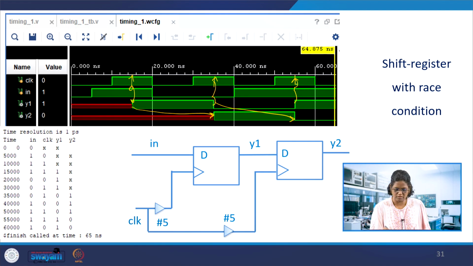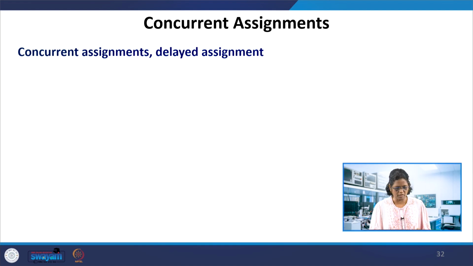If there is a data change, then there is a possibility of that. It can occur anywhere that data should not change at the clock edge. That we would be discussing separately with the setup time and hold time violation during the timing analysis. Otherwise this delayed evaluation of non-blocking is fine. That doesn't cause any problem.